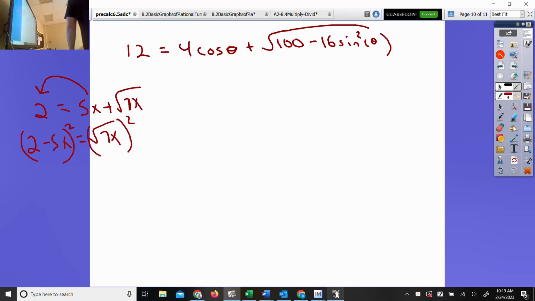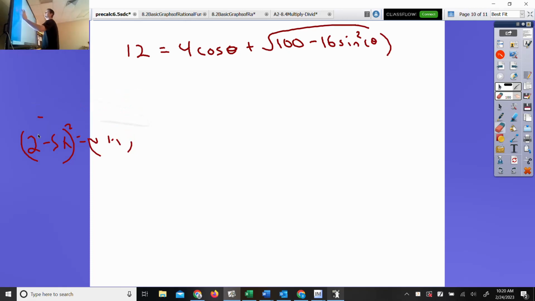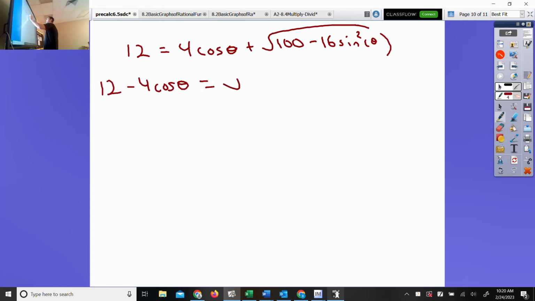That was the technique you learned last year. Isolate the radical. So we have this ugly radical, root of 100 minus 16 sine squared, that has to be isolated. So what are we going to take away from 12? There we go. Take away 4 cosine theta, which now equals the root of 100 minus 16 sine squared of theta.